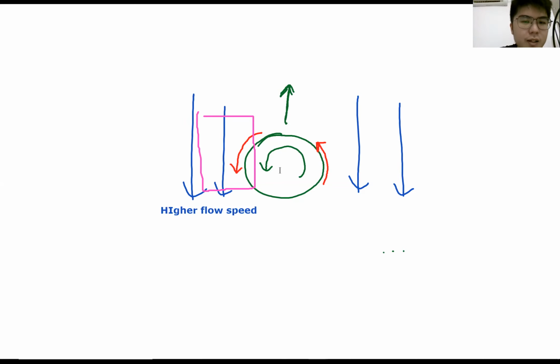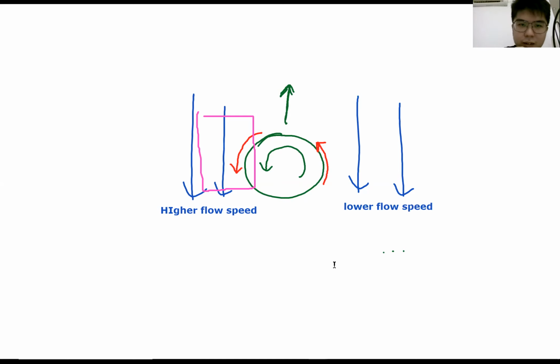So it will cause the flow to speed up. And on the right side, air is moving in the opposite direction, correct? Opposite directions will cancel out each other, and as a result, this side has a lower flow speed.